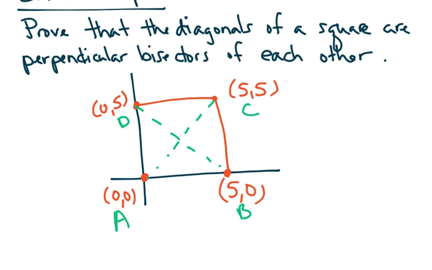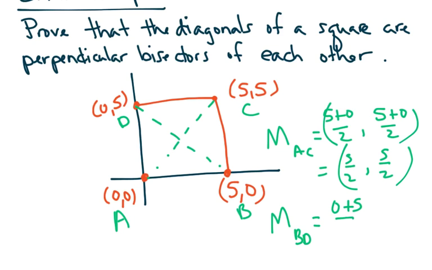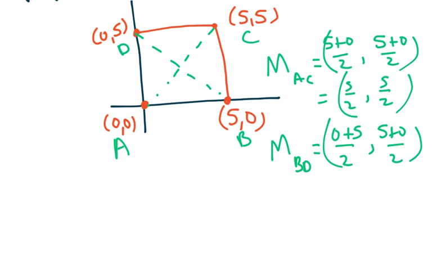So I need to show that the midpoint of AC, which is going to be at (5 plus 0) over 2, (5 plus 0) over 2, which is 5 halves, 5 halves, is going to be the same point as the midpoint between B and D. B and D is going to be (0 plus 5) over 2, and (5 plus 0) over 2, which is at 5 over 2, 5 over 2. All right, so I've just proven that the midpoints are the same. So the diagonals intersect at the same midpoint.